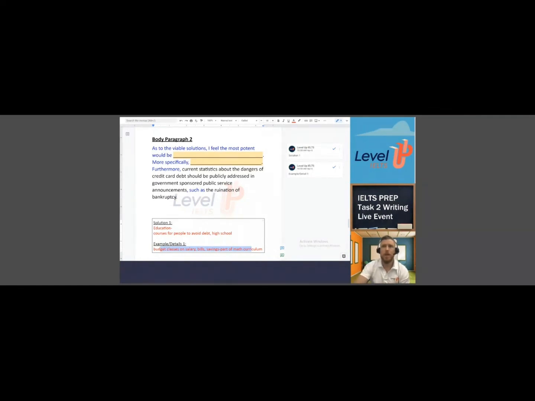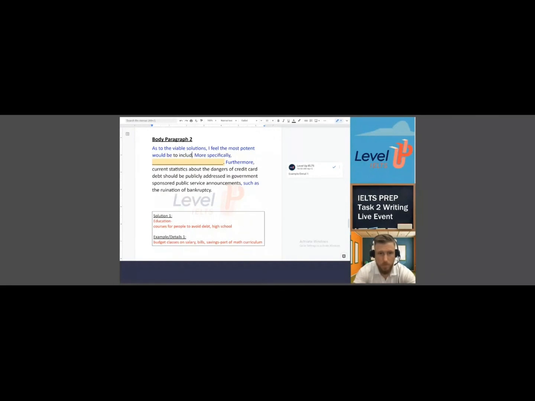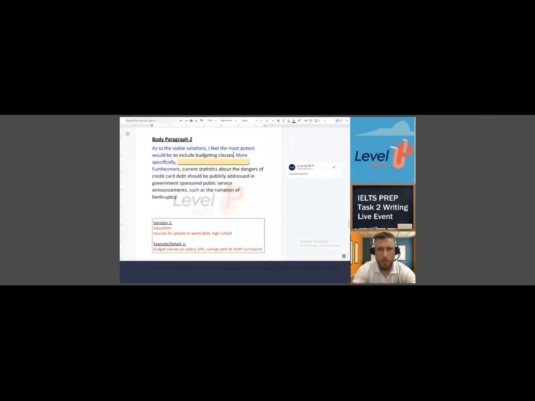Budgeting classes in high school. Right. So as to the viable solutions, I feel the most potent would be to include budgeting classes in the math curriculum.